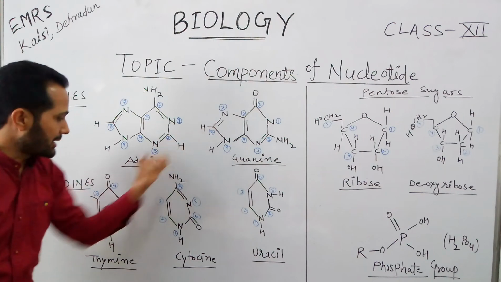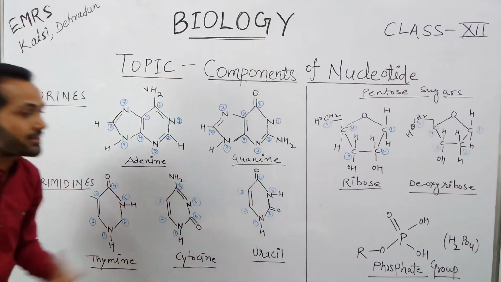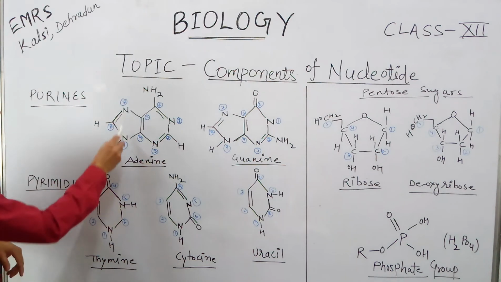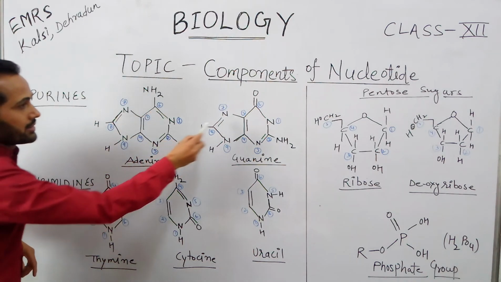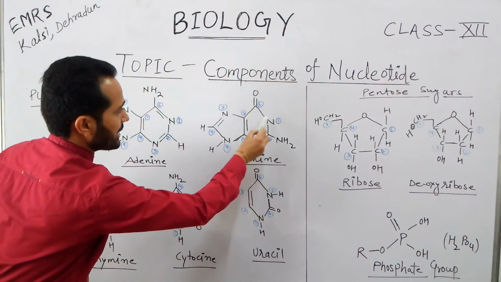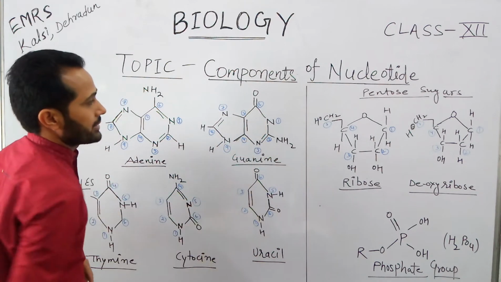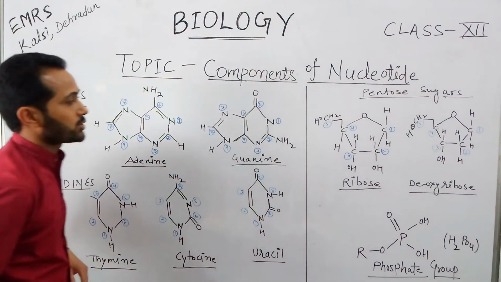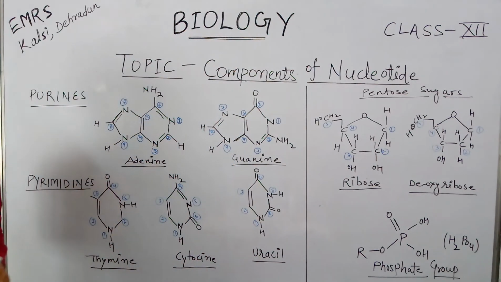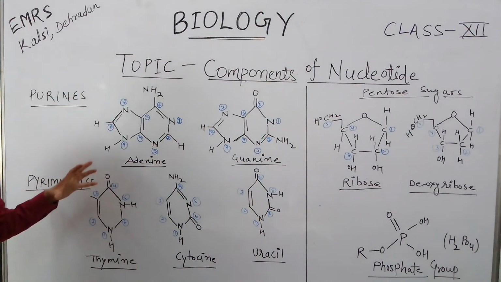As you can see, these structures are all ring structures, and heterocyclic because of the presence of nitrogen in the ring other than carbon. In these places where nothing is written, carbon is there, and the element other than carbon in the ring structure is nitrogen. So that's why these are heterocyclic nitrogen containing compounds.